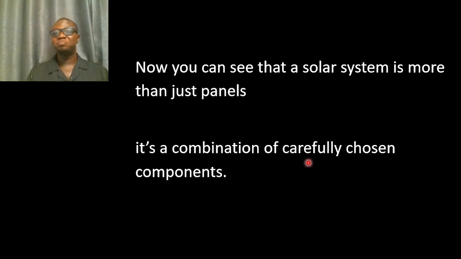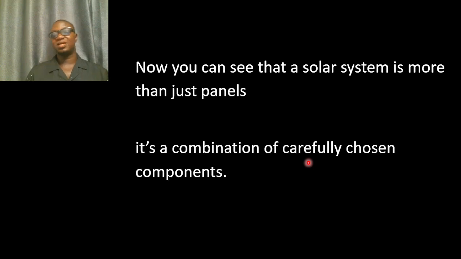So you see, a solar system is more than just panels. It's not just that I want to do a solar system, but it's a combination of carefully chosen components. When you choose the right components, the system will work effectively and efficiently.